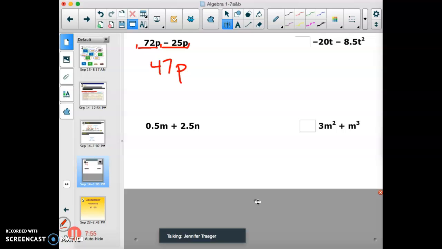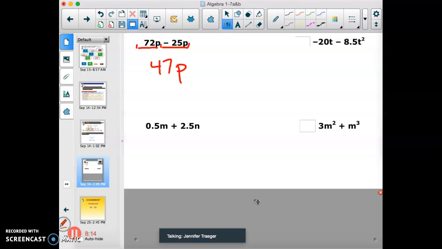Those are not the same, so we can't do anything with it. Don't worry about the numbers out in front, please don't let that scare you. All you're doing is combining those numbers and adding them if they were the same. How about over here?